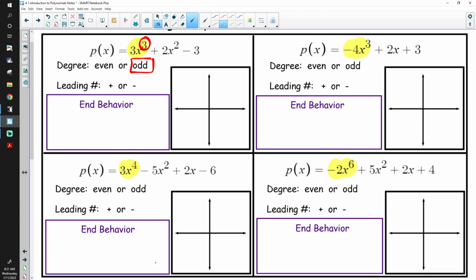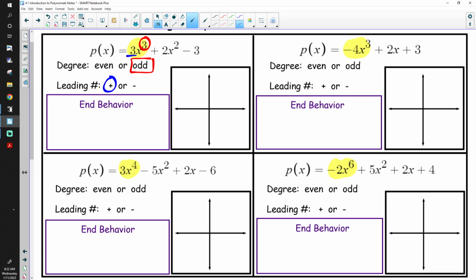The second thing you have to look at is the leading number, the number that is all the way in the front. The number that's way in the front is 3, which is a positive number. Okay? So this polynomial has an odd degree, and it has a positive leading coefficient.